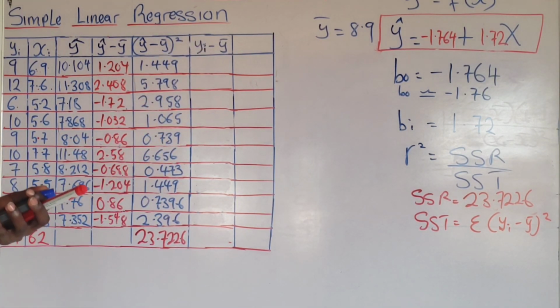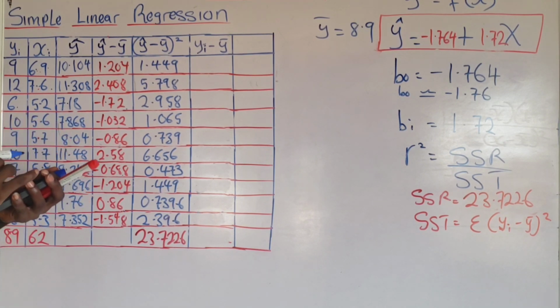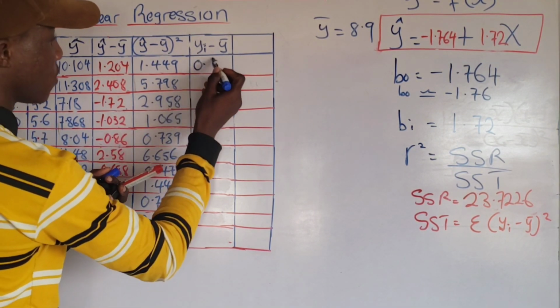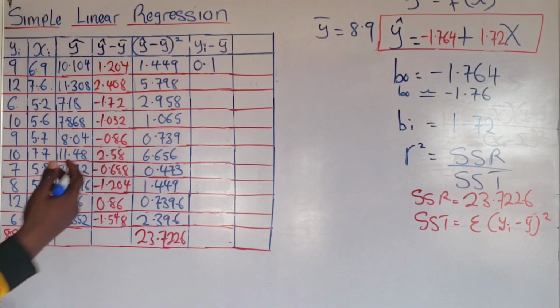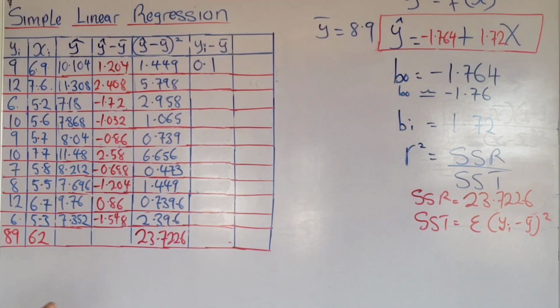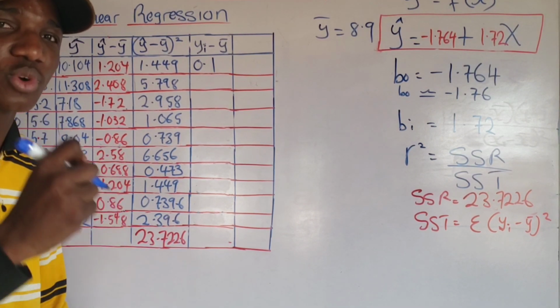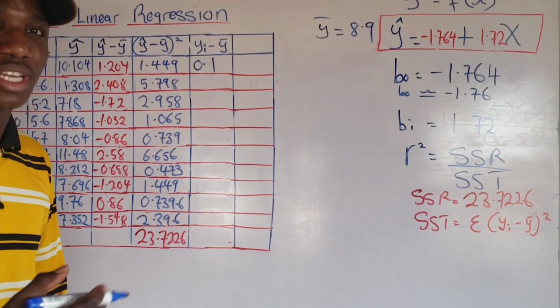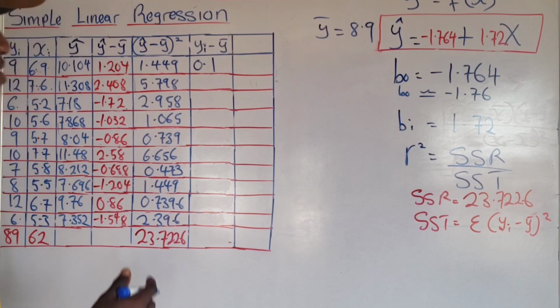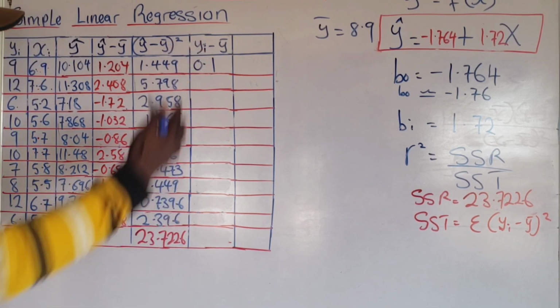So you can easily go to that table and put all the values there. We have 0.1 for the first one, and if you want to use a calculator, you can, but in exam you are against time. Even if you know it, you must be able to write what you know within the time frame that you are given in exam. So since you have already done it on the first table, just put all the values there.